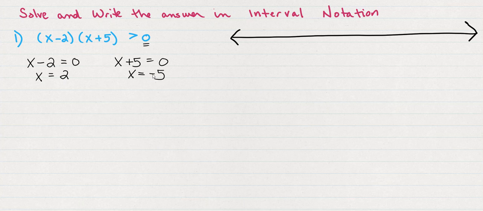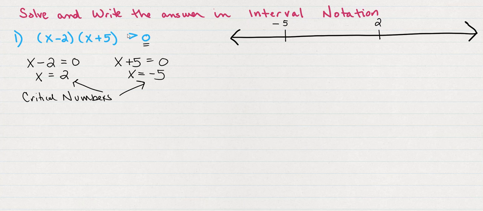What we're finding here, because this is an inequality, not an equation, is the critical numbers. So the 2 and the -5 are the critical numbers. I'm going to mark those on a number line, and I'm going to put them in order on the number line.